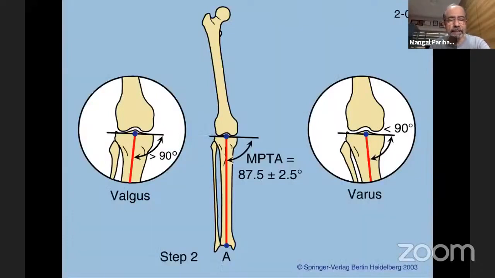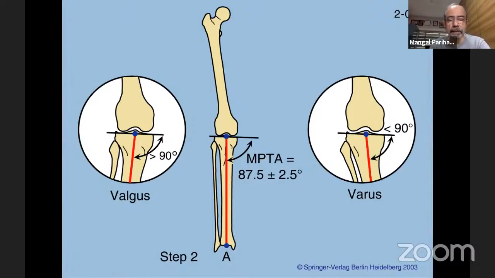If you draw the axis of the tibia, from the center of the knee joint to the center of the ankle below, and measure that in relation to the joint line of the tibia, which is the most concave parts of the medial and the lateral condyle, then you will get the MPTA, the medial proximal tibial angle, which is normally 87 plus or minus 2.5.